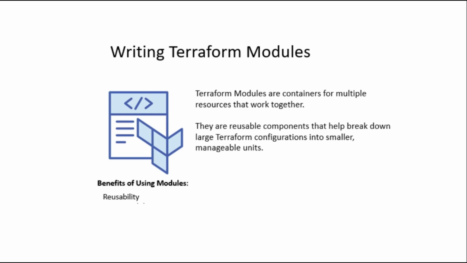Once written, a module can be reused across different configurations. 2. Maintainability. Changes in the module can be applied across all configurations that use it. 3. Separation of concerns. Modules allow you to separate different parts of your infrastructure into logical units.